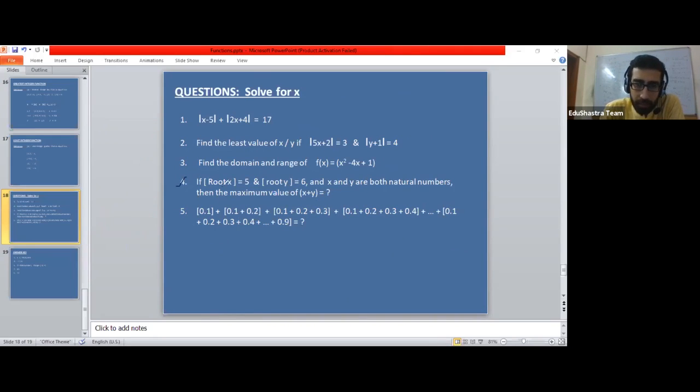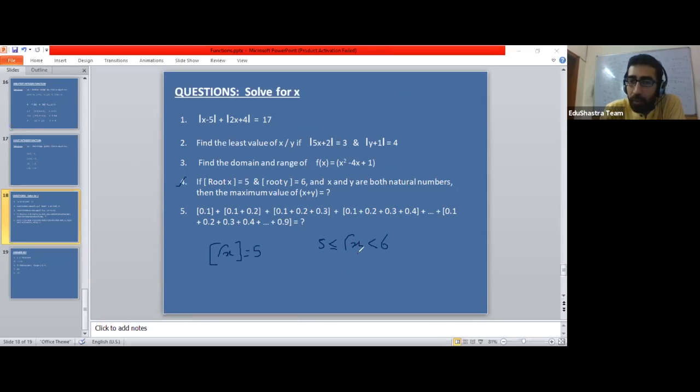Please understand this. If the greatest integer of root x is equal to 5, it means that root x can be 5, or it will have to be just less than 6.